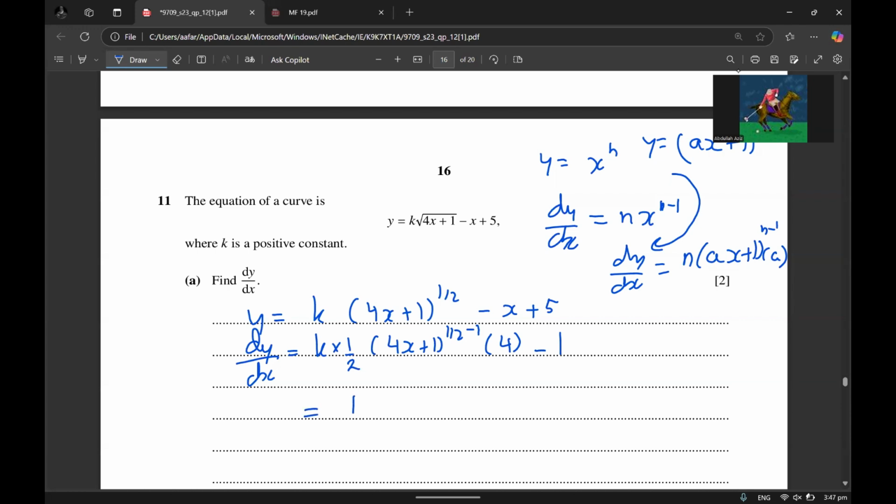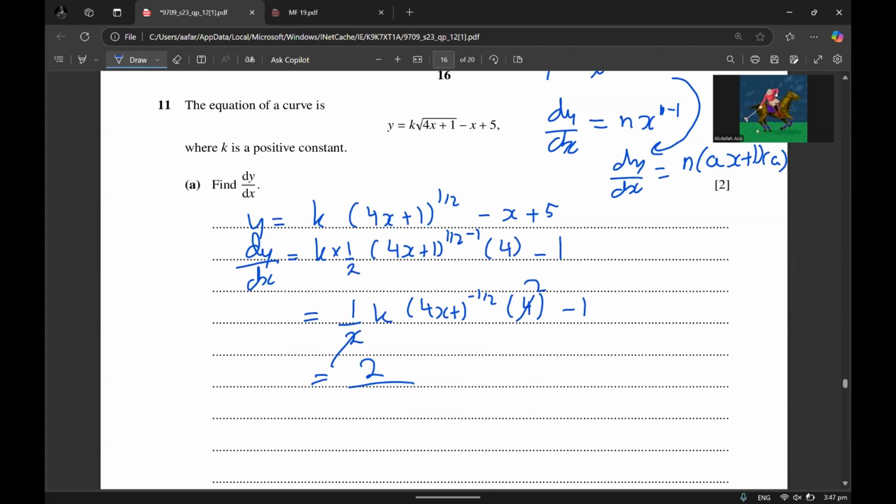So we get half k (4x plus 1) power negative 1 over 2, times 4. These two will cut that 4 out. So we get 2k over under root (4x plus 1), minus 1.